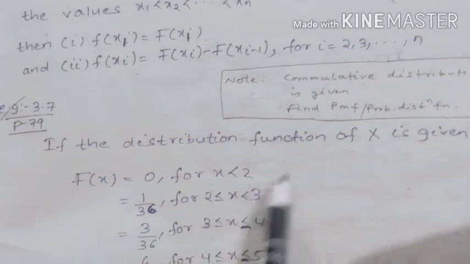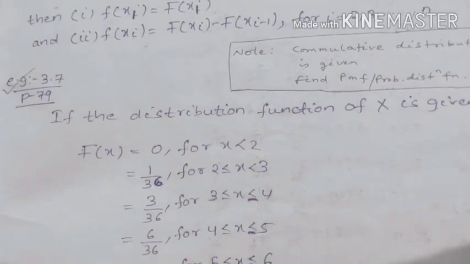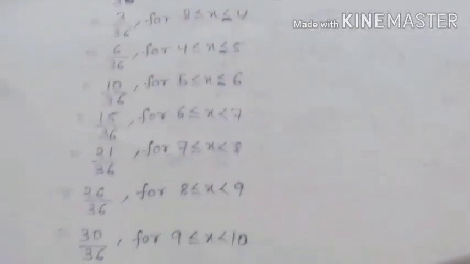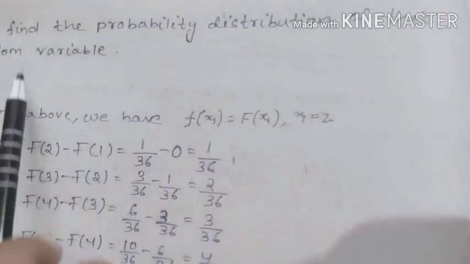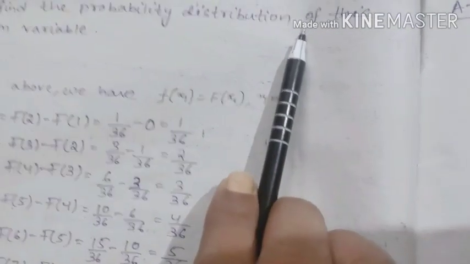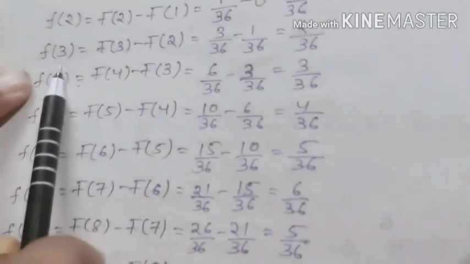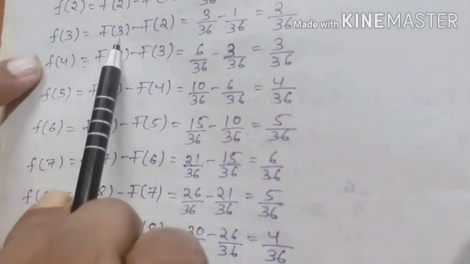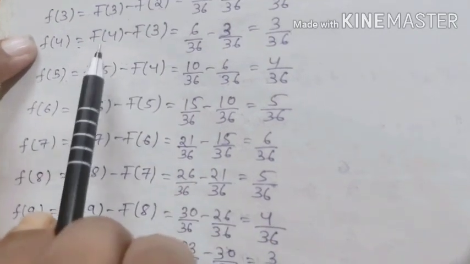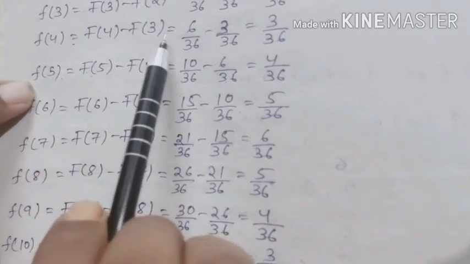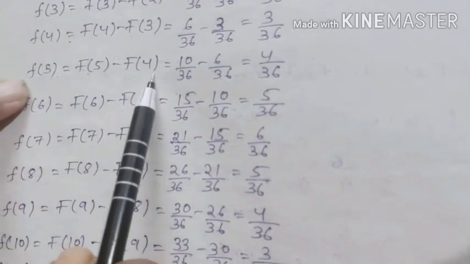If the distribution function is already given, how can you find the probability distribution of this random variable? Just take small f of 2 as capital F of 2 minus F of 1, and we find the value 1 by 36. Similarly capital F of 3 minus F of 2. Next one is capital F of 4 minus F of 3. Next one is capital F of 5 minus F of 4, and so on.